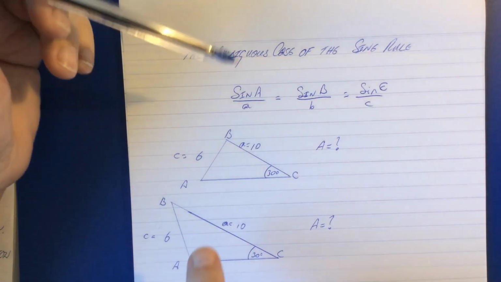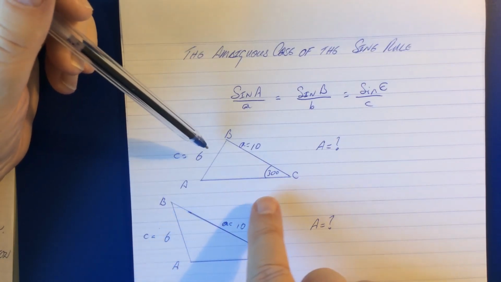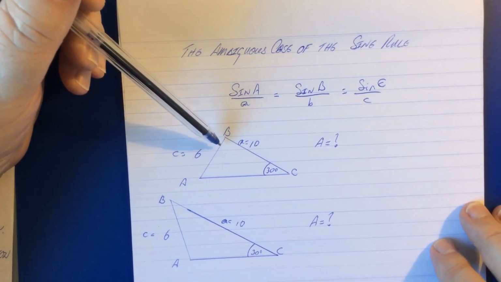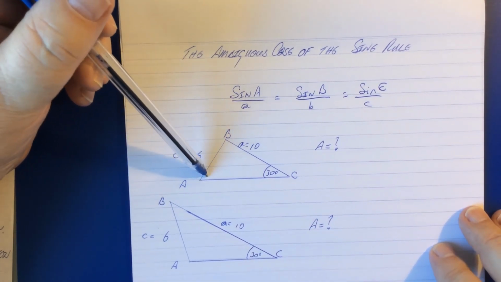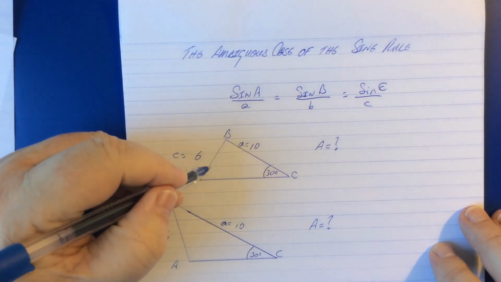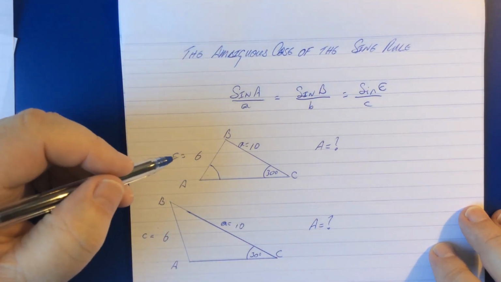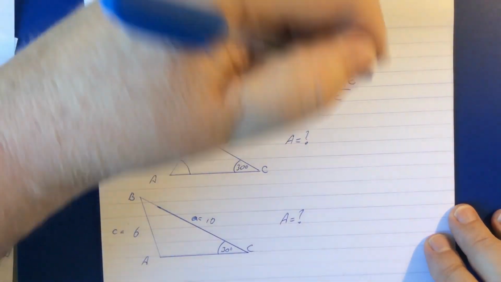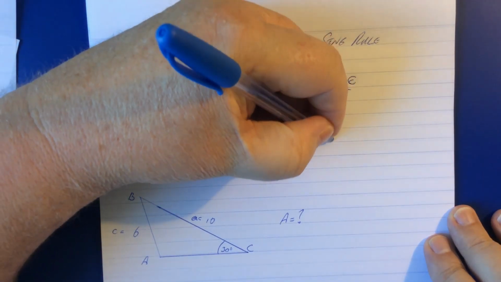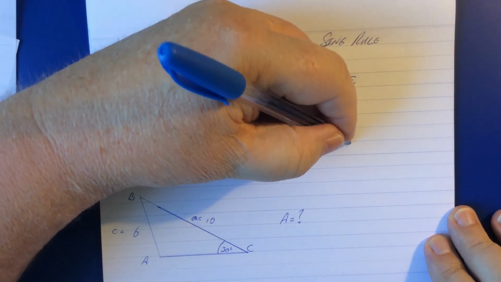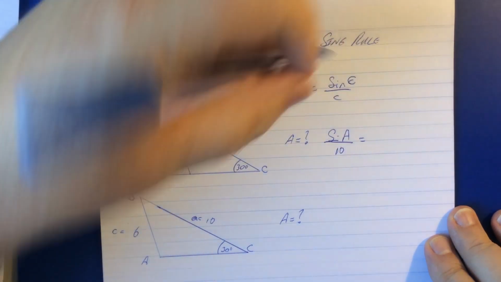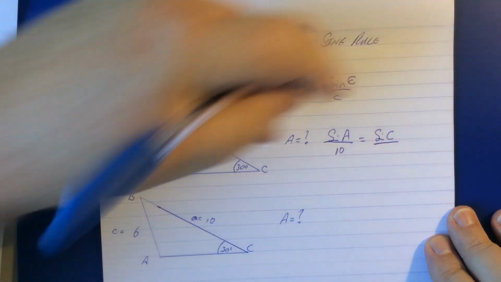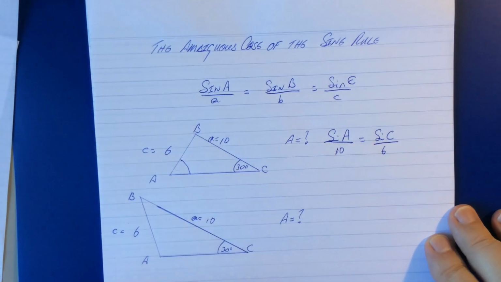Okay, so we've got this example here where we've got a non-right angle triangle and we're looking for angle A. We're looking for this angle in here. And so if we go to work and do the calculations for this, the sine of A over A, which is 10, is going to be equal to the sine of C over 6. Okay?